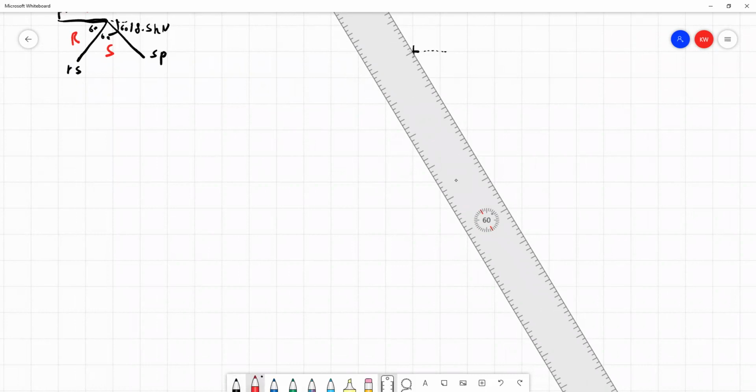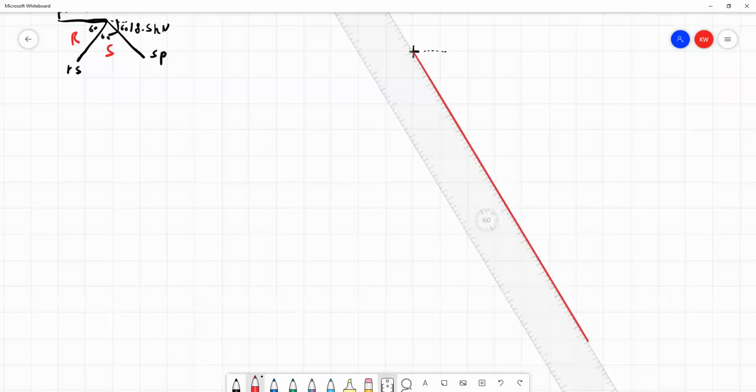So we'll use red as our first colour here. 2, 4, 6, 8, 10, 12, 14, 16, 18, and a half, as accurately as we can.